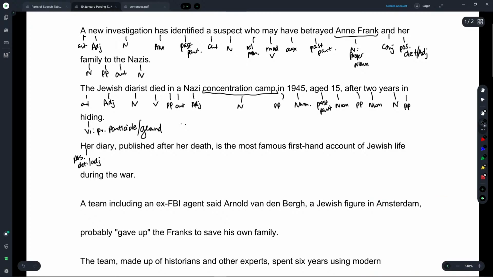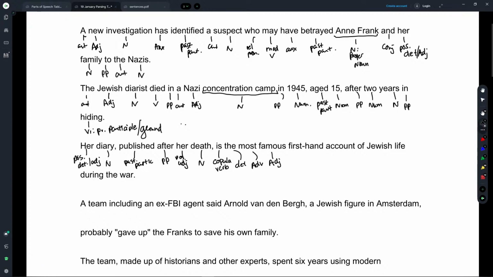So her, possessive adjective, diary, noun, published, past participle, after, preposition, her, possessive adjective, death, noun, is, copula, the, determiner, most, adverb, famous, adjective, first-hand account. First-hand, we're going to put them together because there's a hyphen.